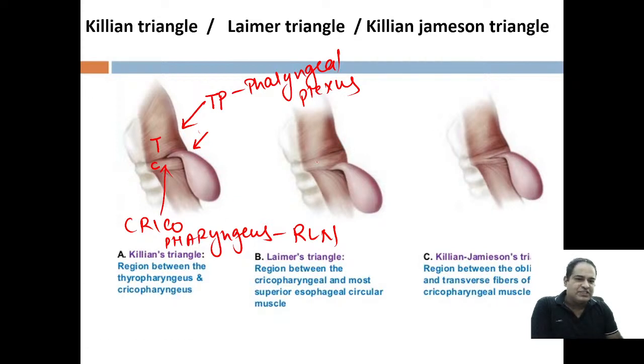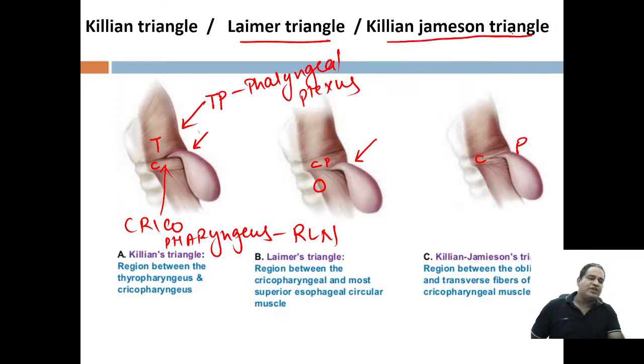If the dehiscence is between the cricopharyngeus and the other muscles of the esophagus, it is the Laimer diverticulum. If the dehiscence is right through the cricopharyngeus muscle, it is the Killian Jamieson diverticulum.